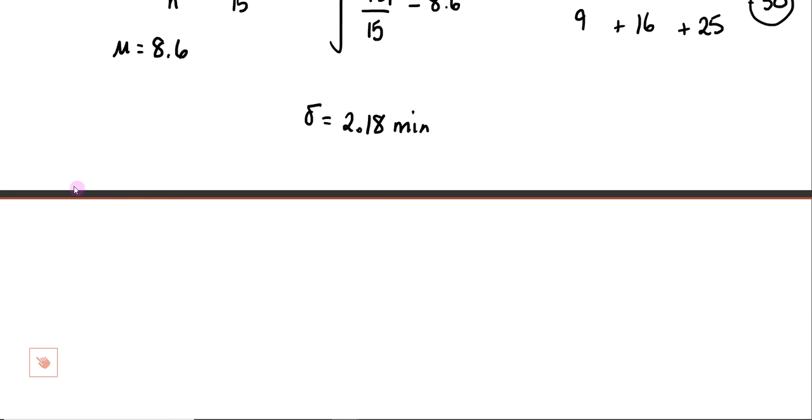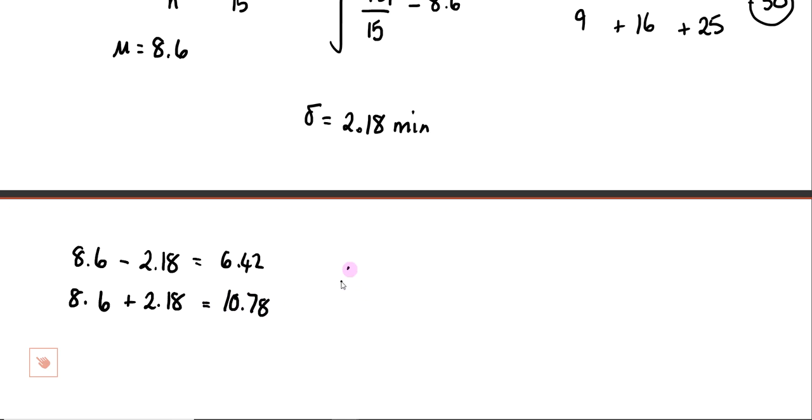Their answer is, well, 8.6 minus 2.18 is 6.42. And they're saying that 8.6 plus 2.18 is 10.78.